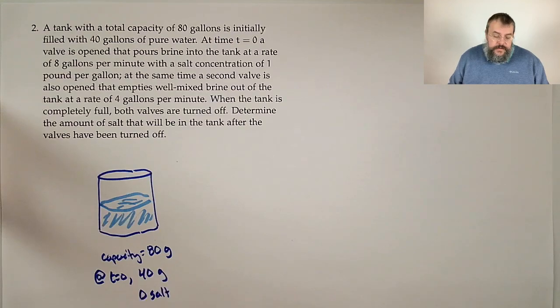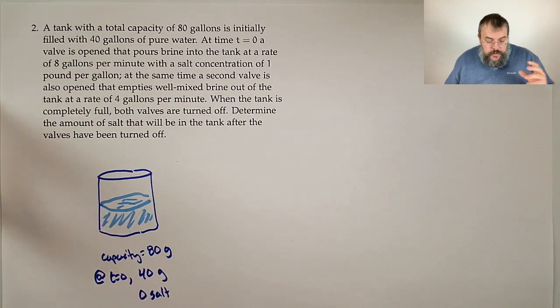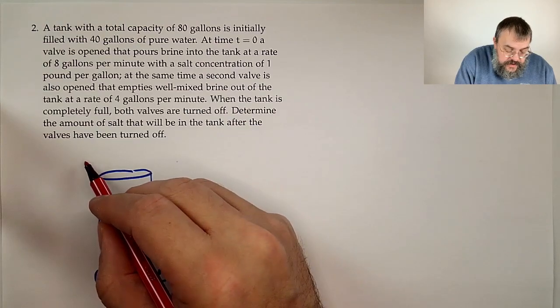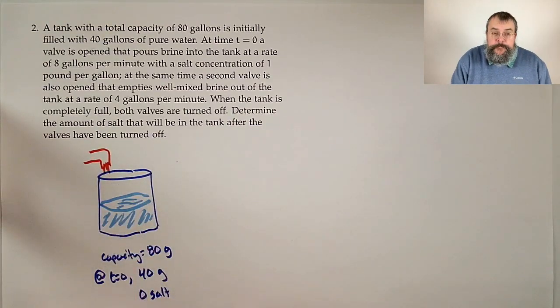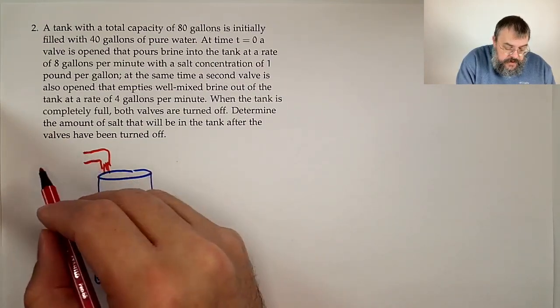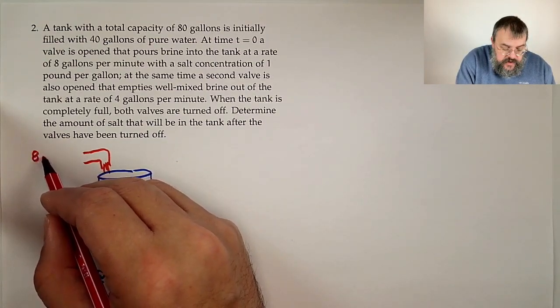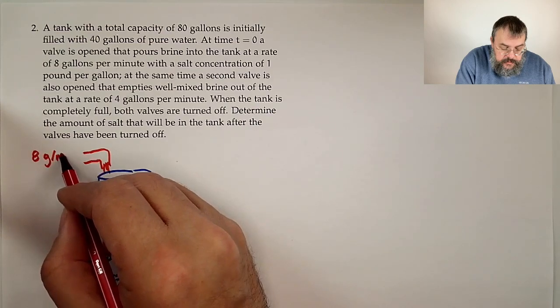And now, we say, great. A valve is opened, and it pours brine into the tank. So now we have essentially salt water coming in. And what happens? Well, this is going at 8 gallons per minute.